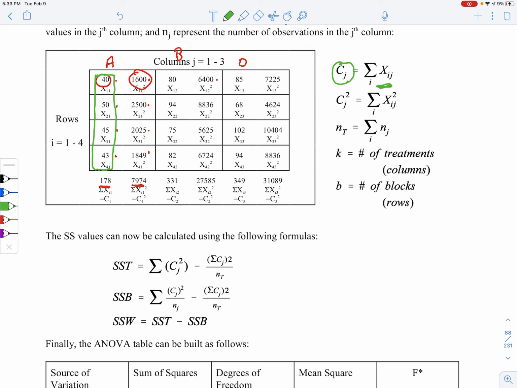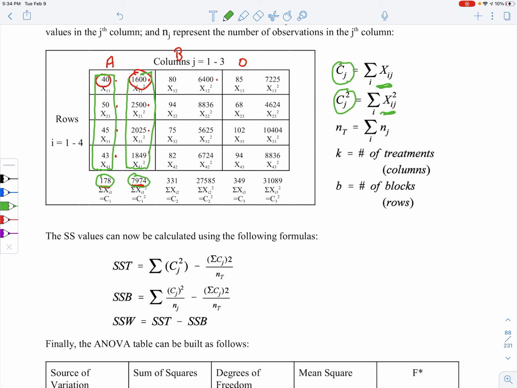So 40 plus 50 plus 45 plus 43 gives you 178. And then the Cj squared value is just the sum of the squared X values for a particular treatment. So it's summing up these guys here, 1600 plus 2500 plus 2025, and then 1849, and that gives you this guy.